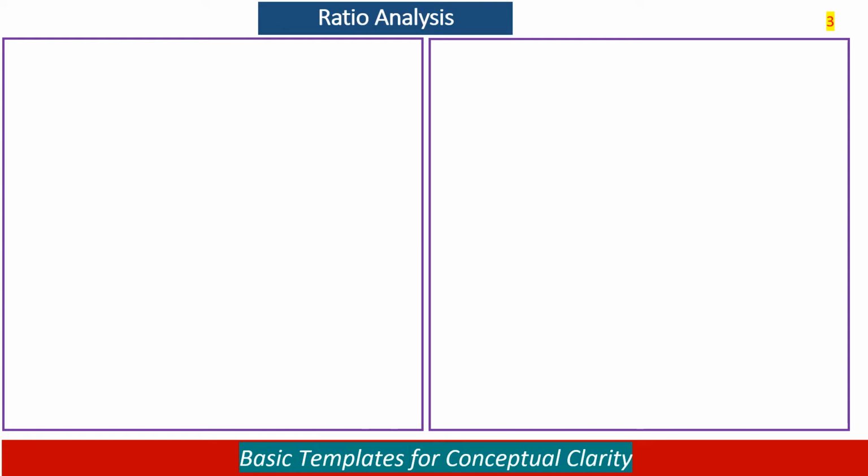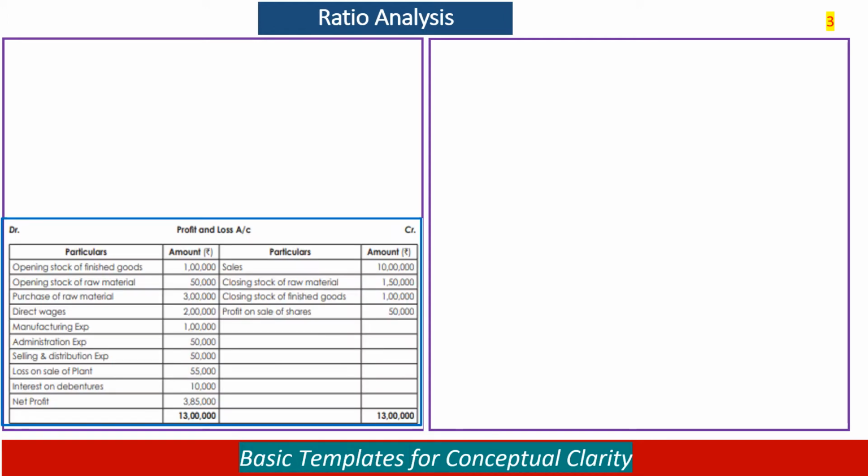When we go into ratio analysis, we have to understand conceptually as to how these ratios come into picture. For example, we receive a profit and loss account, but the profit and loss account in its original form may not be that amenable for interpretation of ratios.